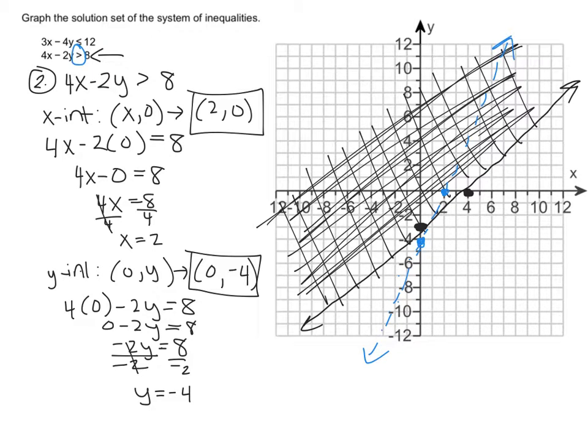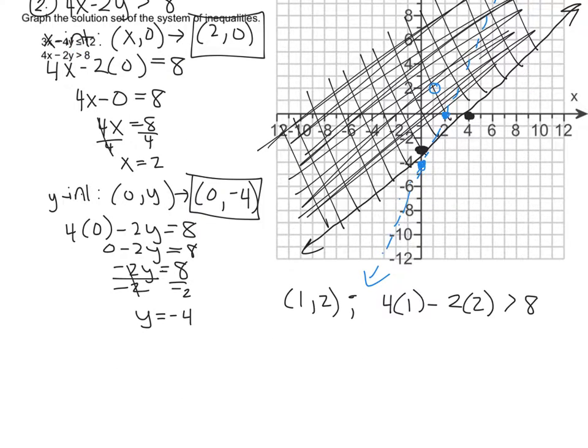Now I want to decide which side of the line to shade. So we can choose whatever point we want as long as it's not on the line. I'm going to choose the point 1, 2, which is there. So I plugged in a 1 for x and a 2 for y into the original inequality.